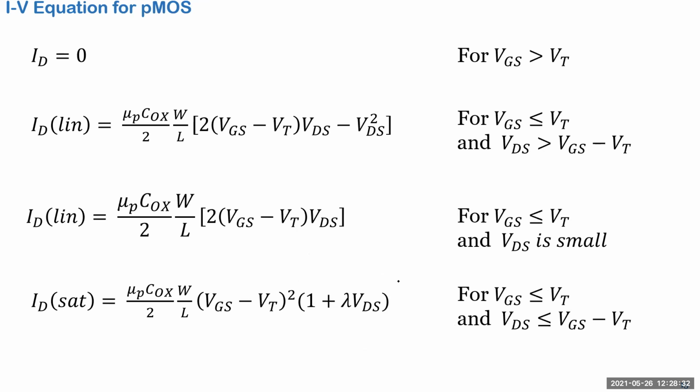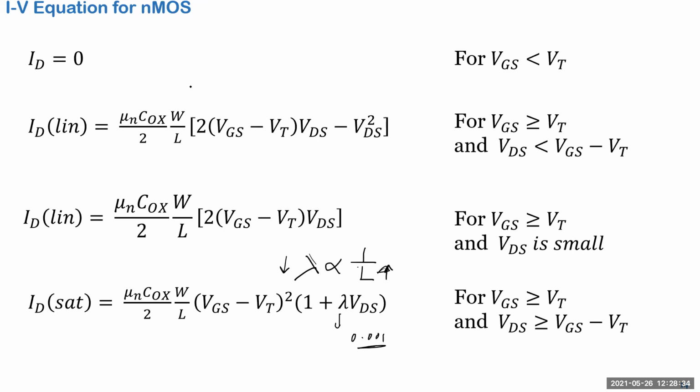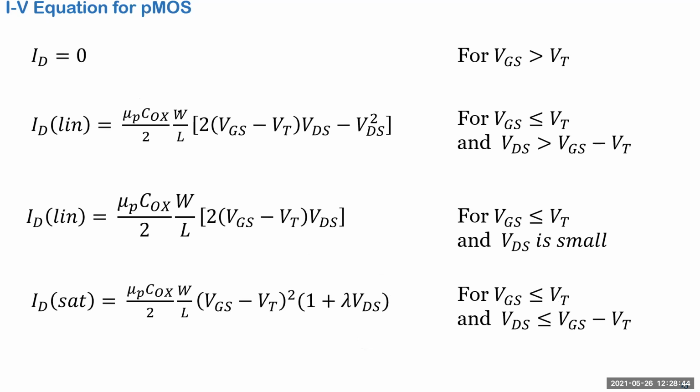And for the PMOS, maybe I just wanted to highlight this. For NMOS, obviously this mobility is the mobility of N-type. COX is the same for both because it's the same thin oxide. For PMOS, it's the same equation. Obviously, your mobility becomes mu P, but the signs change.